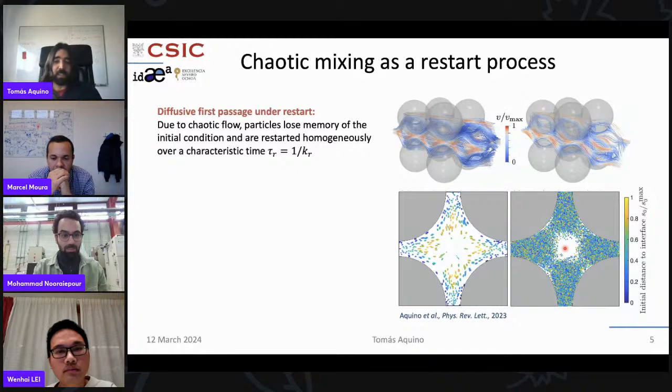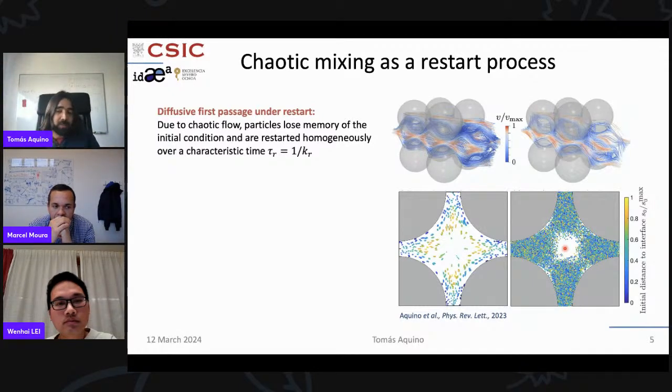So our idea was to think of the first passage time process as a first passage time under pure diffusion, but subject to restart at a constant rate at any random position inside the pore space to represent this efficient chaotic mixing of trajectories.